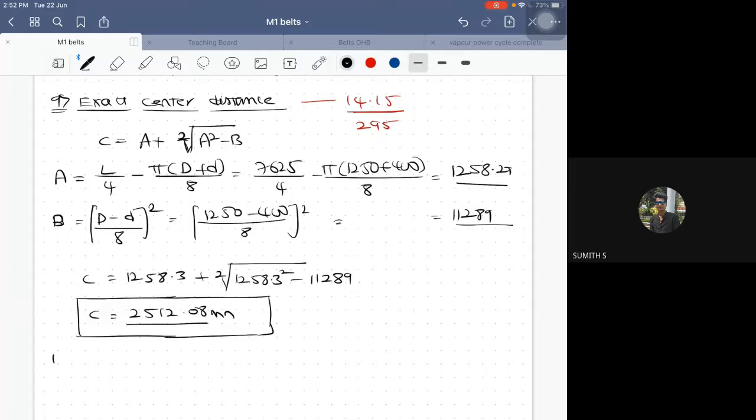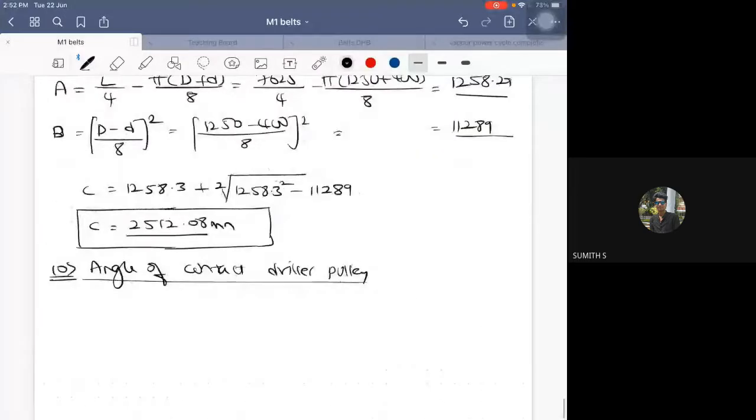Okay, number 10, angle of contact. This is easy, you have already calculated it many times. Theta s equals pi minus 2 times sine inverse of (capital D minus small d) divided by 2C.